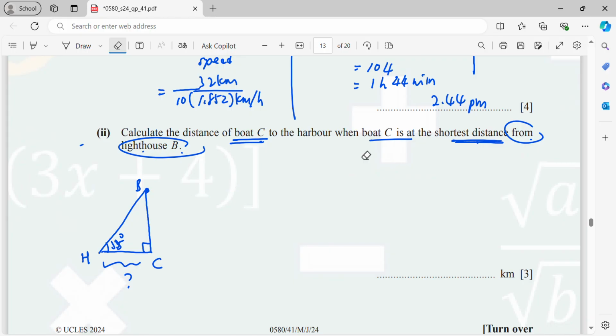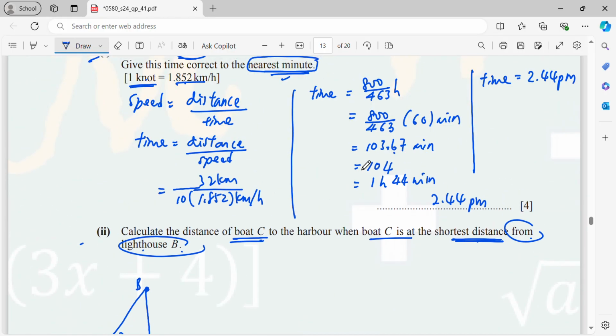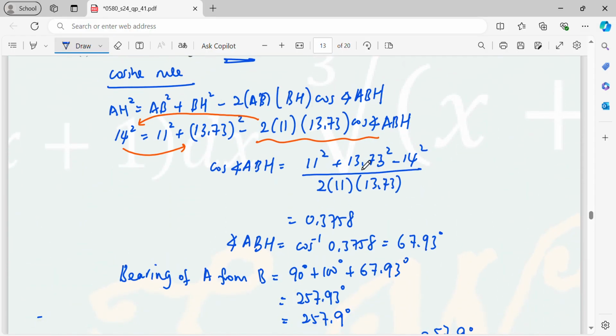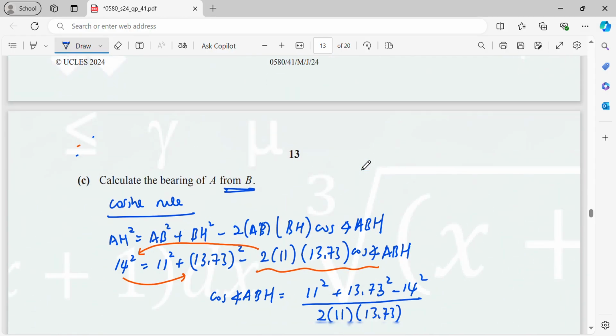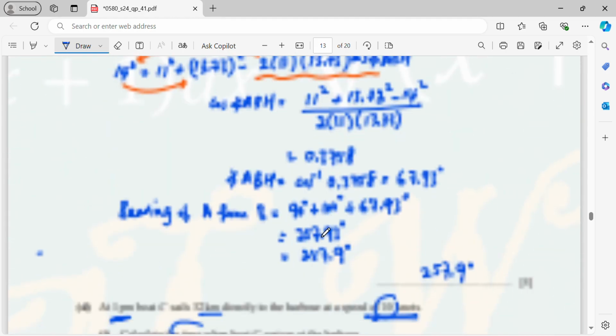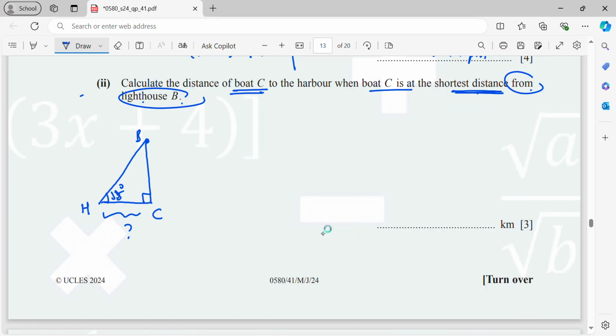Refer back to the previous calculation, where we found BH. If you refer back to the previous part, BH is 13.73, so here I will label this as 13.73.